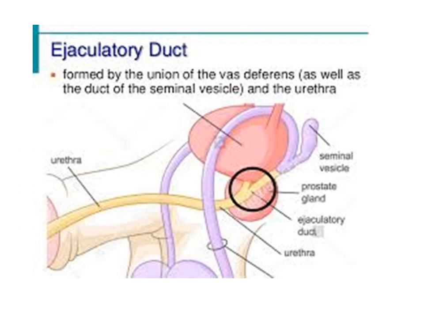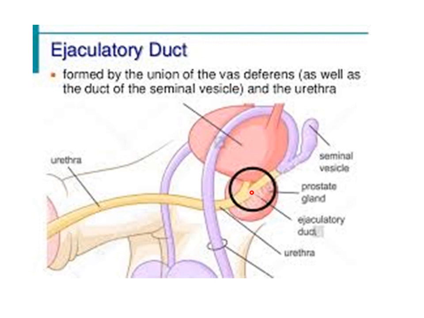Now, ejaculatory duct. It is formed by the union of the vas deferens as well as the duct of the seminal vesicle. So you can see here, this is the vas deferens coming, and it forms a dilated part. Here, the duct of the seminal vesicle joins the ductus deferens and forms the ejaculatory duct.